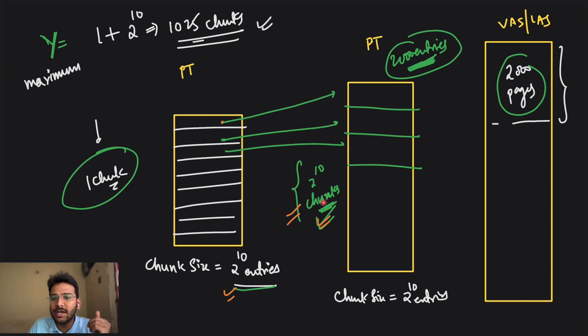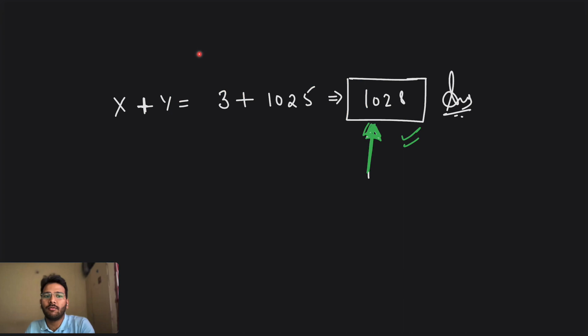If 2 raised to power 10 chunks are there, I can say that at least one entry is stored in one chunk. You can have more than that. Definitely, you will be having more than that, because otherwise you will not be able to accommodate 2000 entries. But at least every chunk is storing at least one entry, right? So 1024 chunks here and one chunk here. So it will give you maximum 1025 chunks. And you have to find the value of x plus y. So that is nothing but 1028.